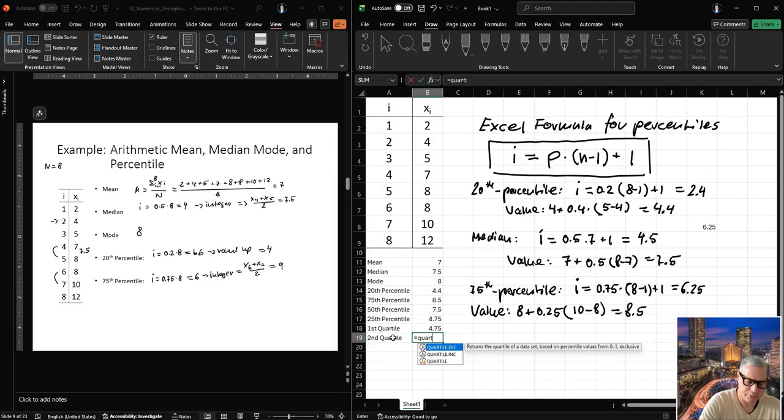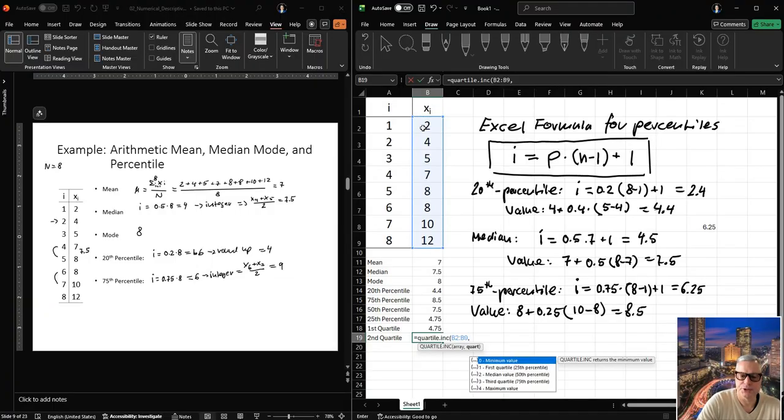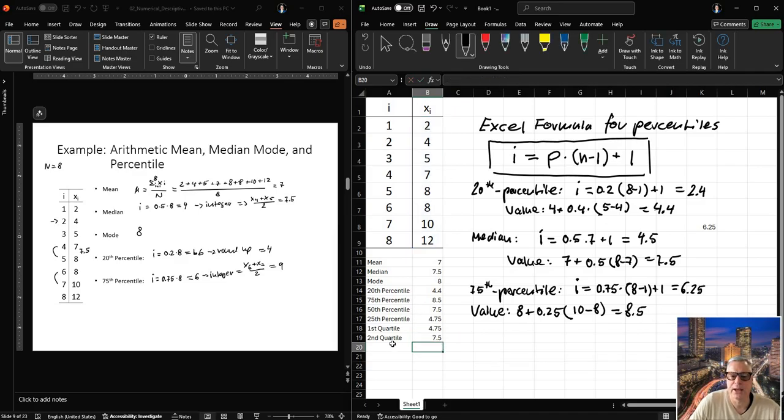So we can again write QUARTILE.INC, open parentheses, array, comma, now the second quartile. So that's the same as the median or the 50th percentile.